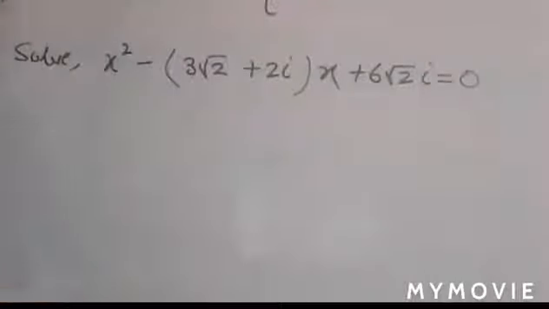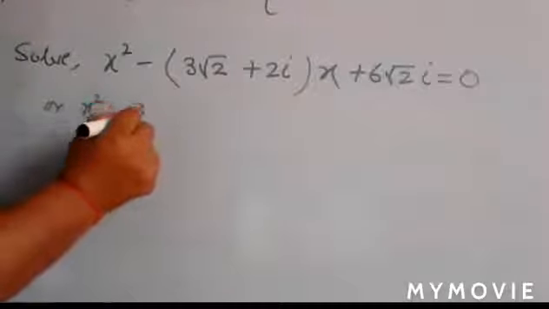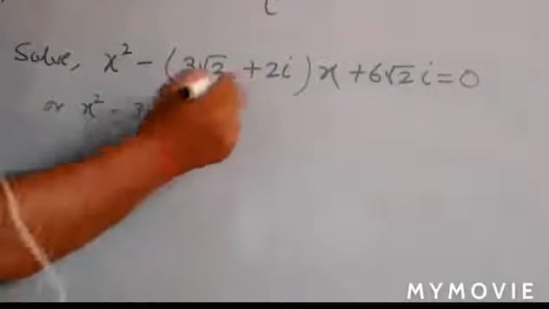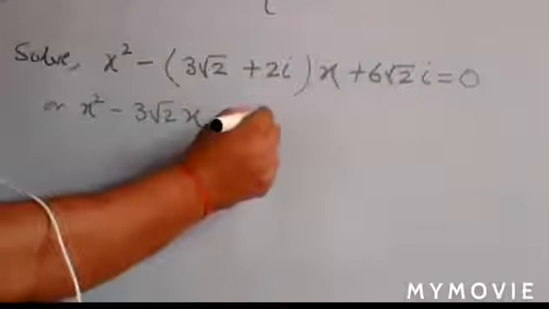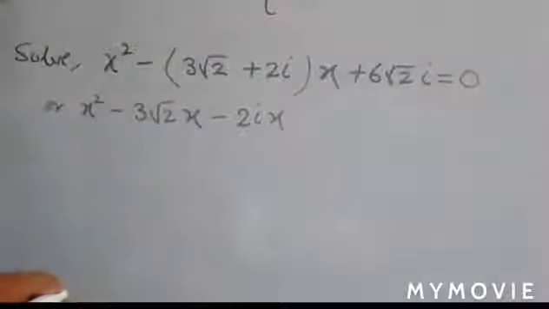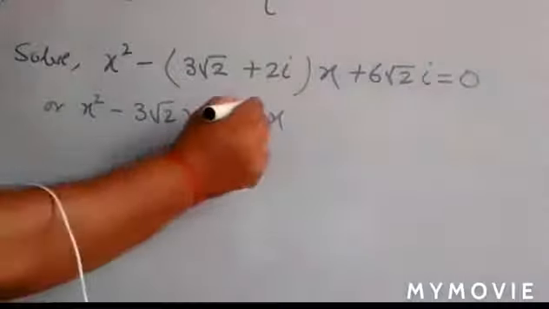So actually here you have four terms. Multiply that and open the brackets. Understand? So you can write x square minus 3 root 2x minus 2ix plus 6 root 2i is equal to 0.